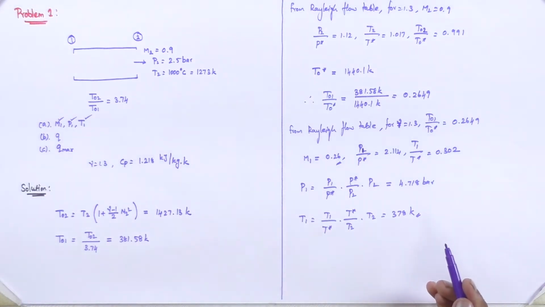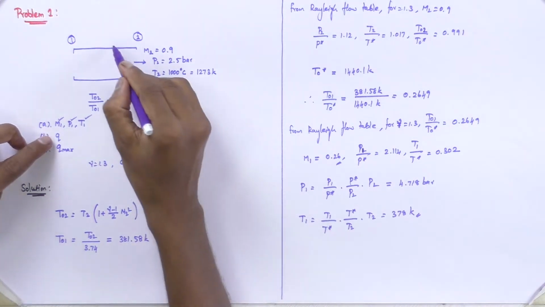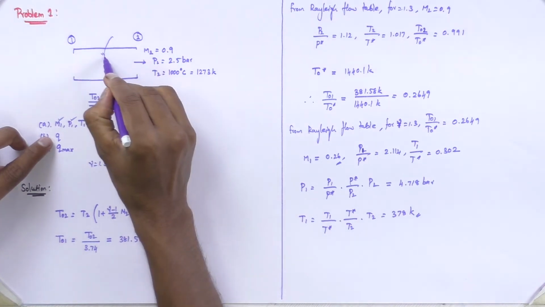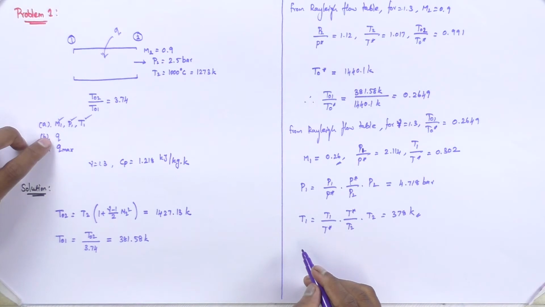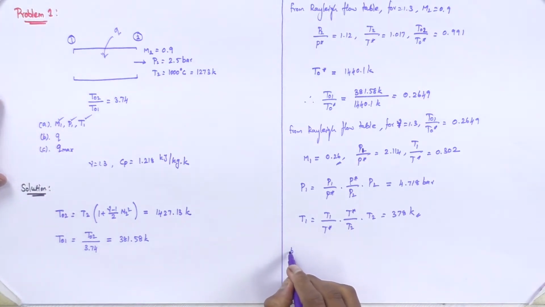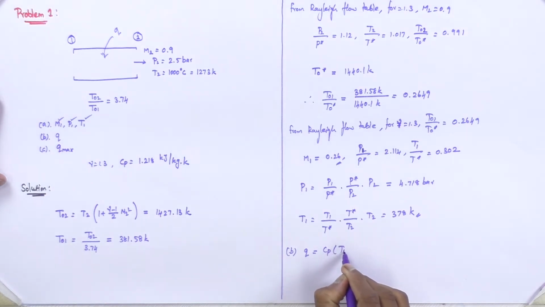Then we need to calculate the heat supplied between state point 1 and state point 2 per unit mass. So Q is equal to Cp into T02 minus T01. We know the values of T02 and T01.